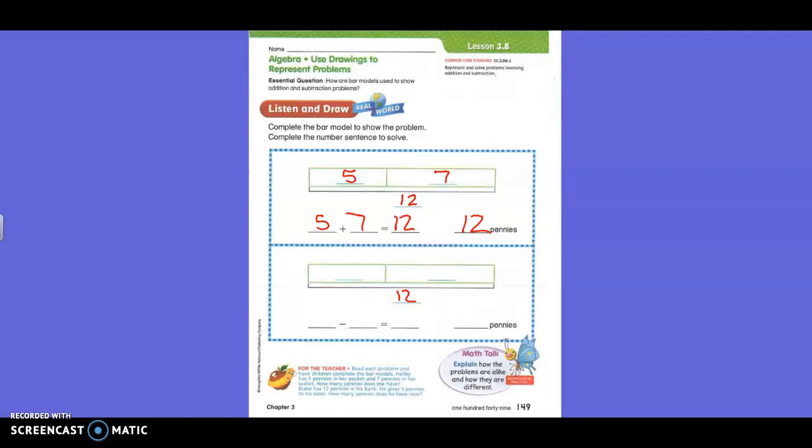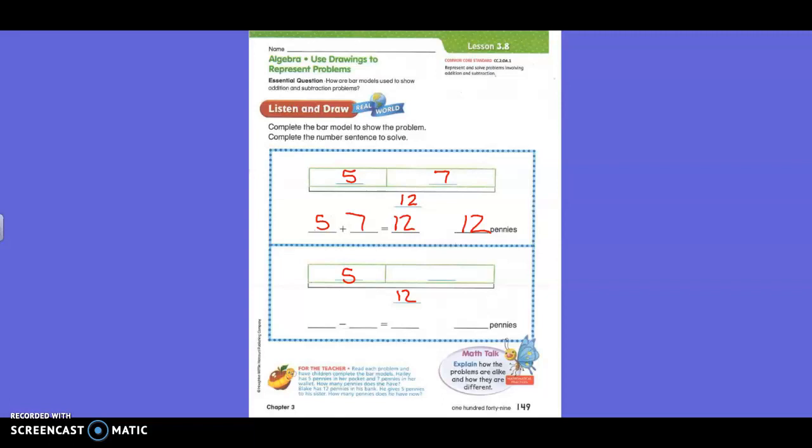Then he gives 5 away. Where would I put the 5? Lena? In the first box. Okay. Now, we need to figure out what can go in the second box. If 12 is on the bottom and 5 is on the top, what other number do you need in the other box to equal 12?